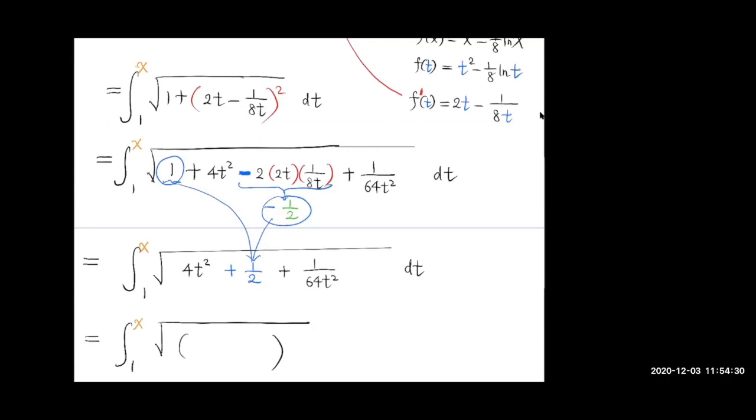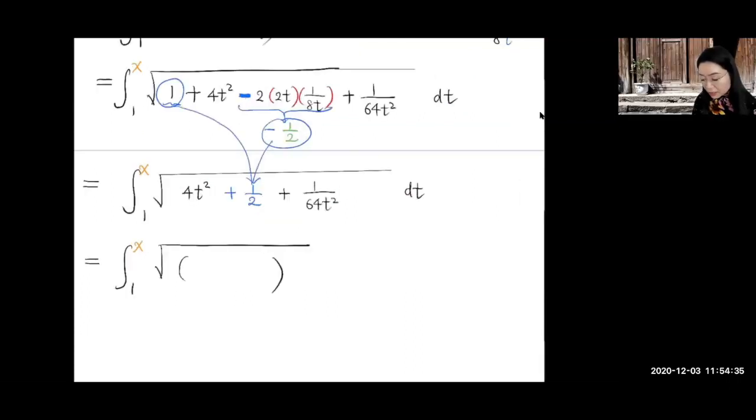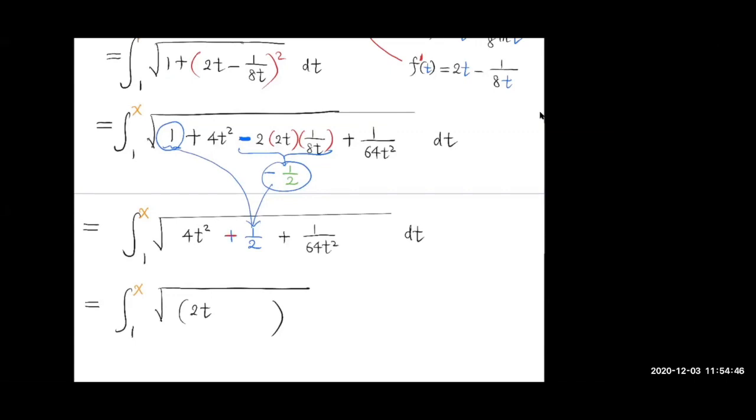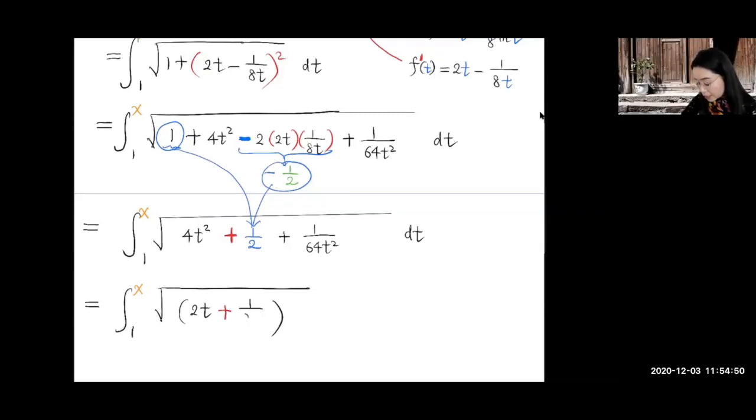Plus. Addition, right? Okay, so addition. So this is going to be a perfect square of 2t, and this time it will be addition, and then 1 over 8t, and this is a perfect square right here.